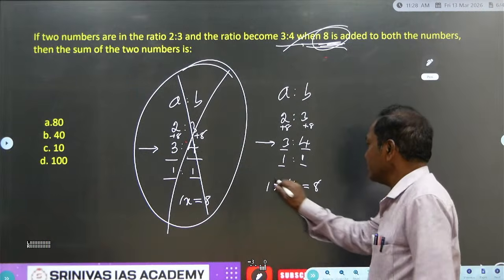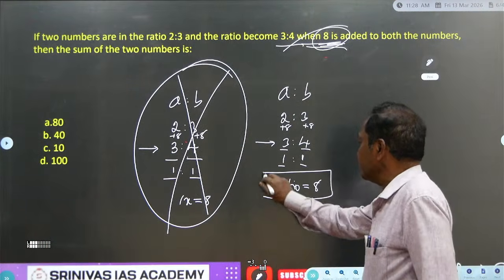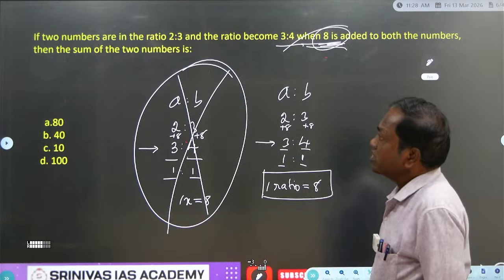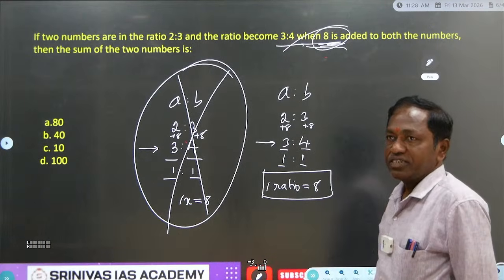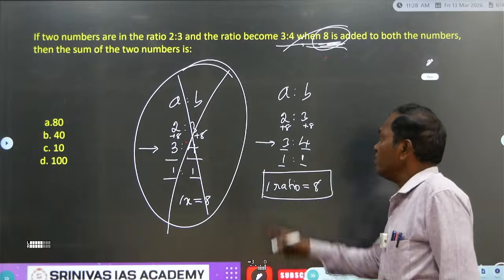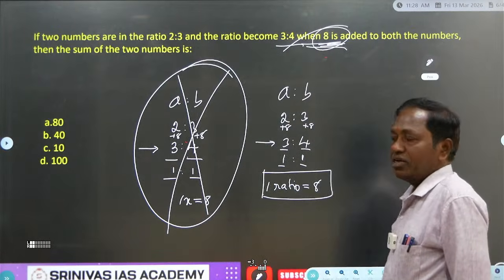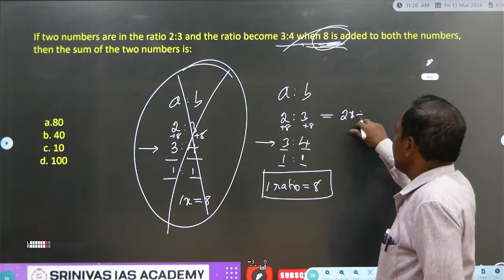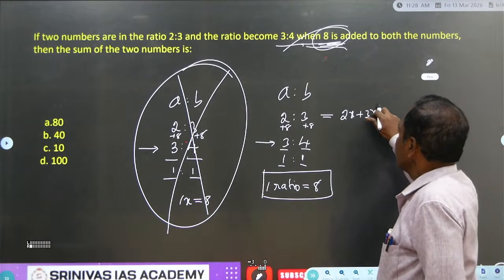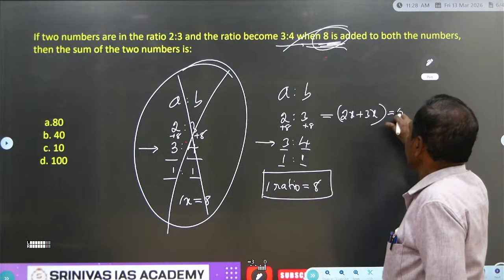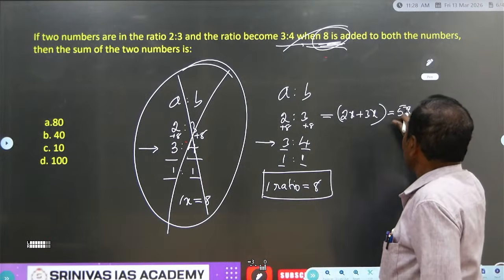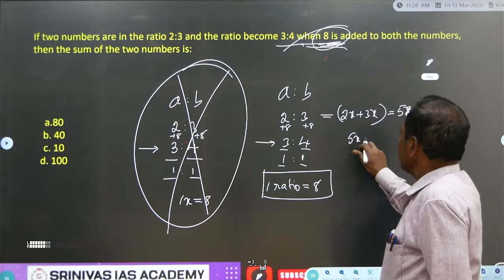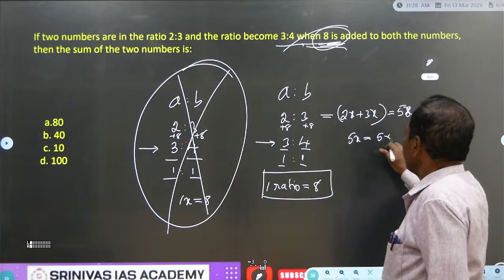1x value is what? 1 ratio is equal to 8. Now the sum of the two numbers, in the ratio 2:3, is 2x plus 3x, which is 5x. 5x equals 5 into 8.